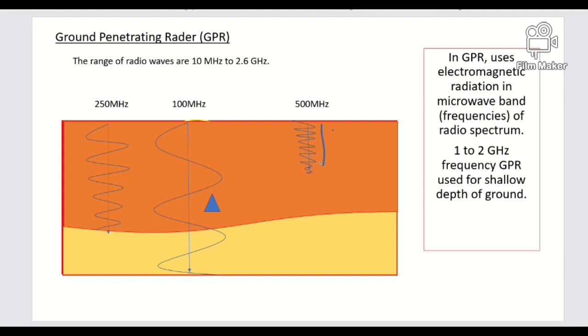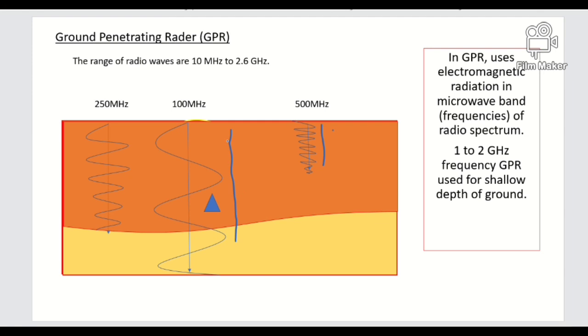Generally 1 to 2 gigahertz frequency GPR is also used. But if we need to investigate greater depth of the ground, we use 50 megahertz or 100 megahertz frequency GPR. So as per the required depth of investigation, we will decide which frequency GPR we have to use.